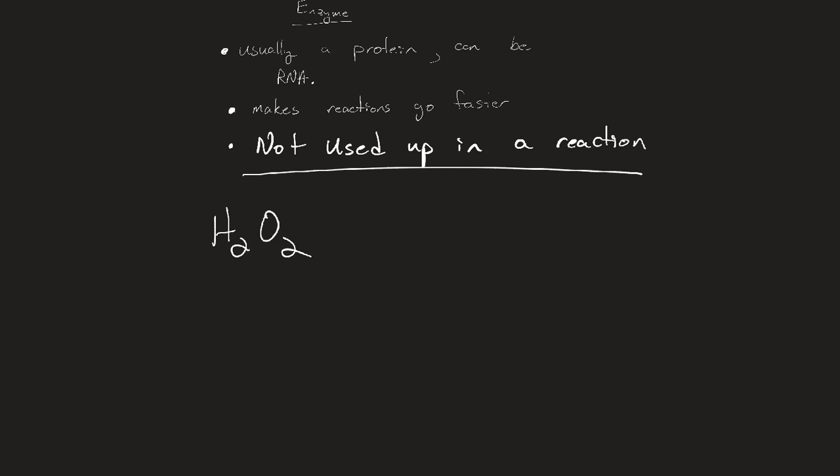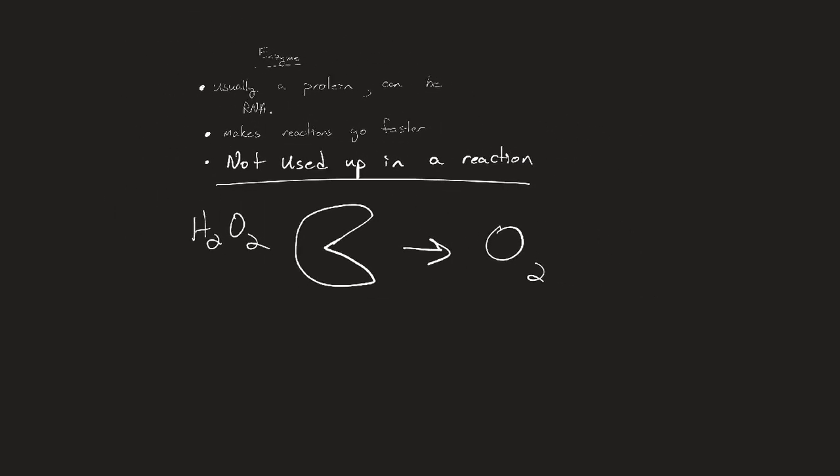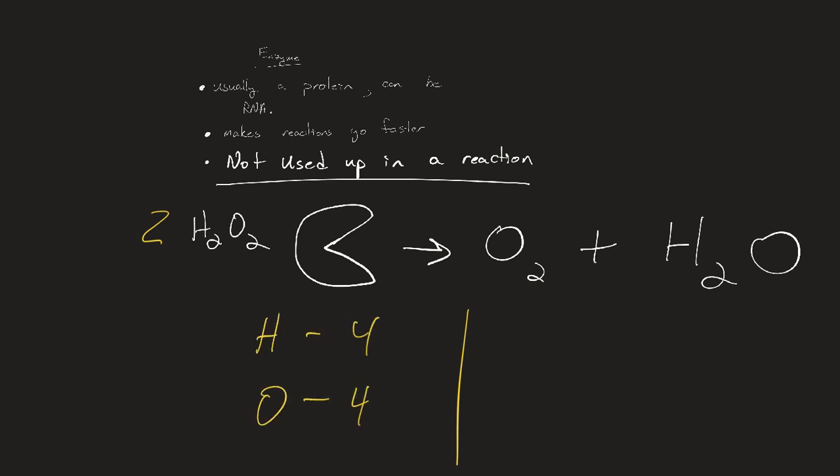So there's an enzyme, and I'm just going to draw it like a Pac-Man, that's going to break this up into oxygen gas, and I made the mistake of thinking it was hydrogen gas, oxygen gas, and water. Now when I balance the equation, just put a 2 here. That makes the hydrogen on this side equal 4, the oxygen on this side equal 4.